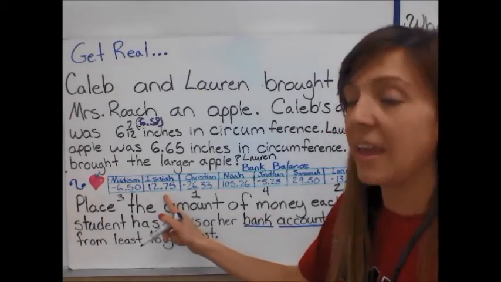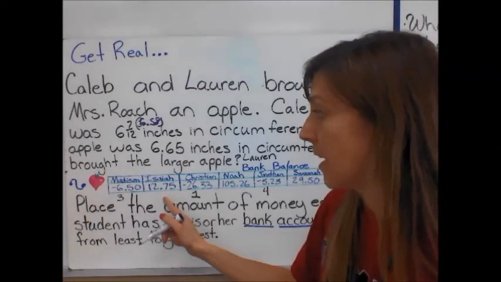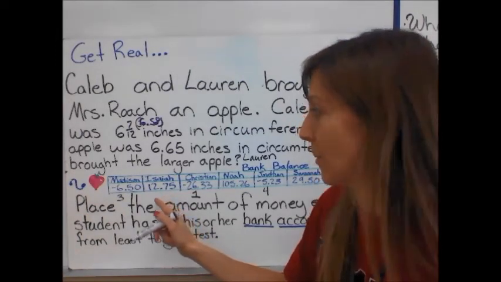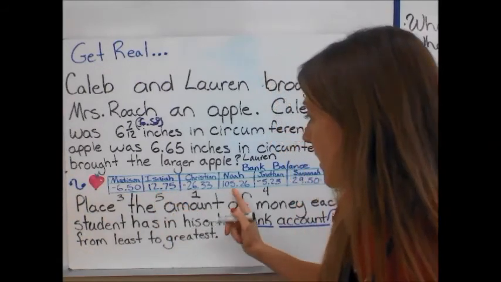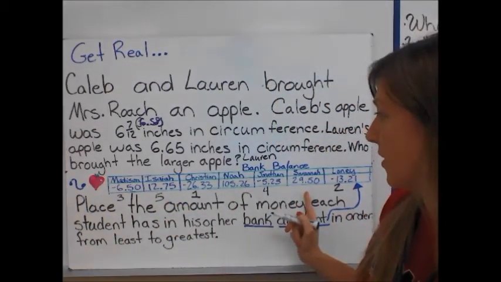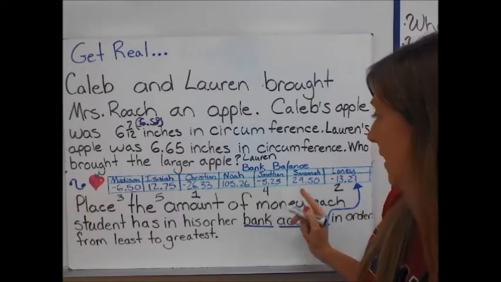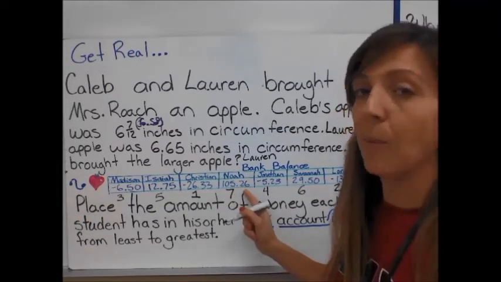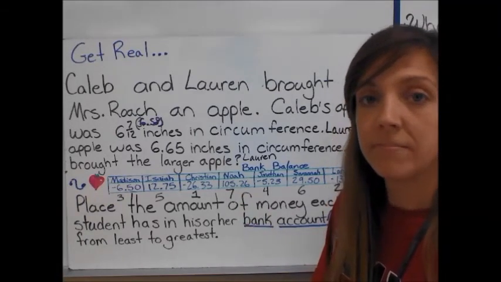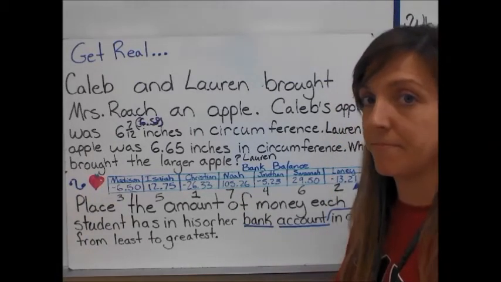We have Isaiah with the next smallest number at $12.75. Now, out of the two amounts that are left, $29.50 is the next smallest, and then the largest amount of all of them is Noah's account balance.